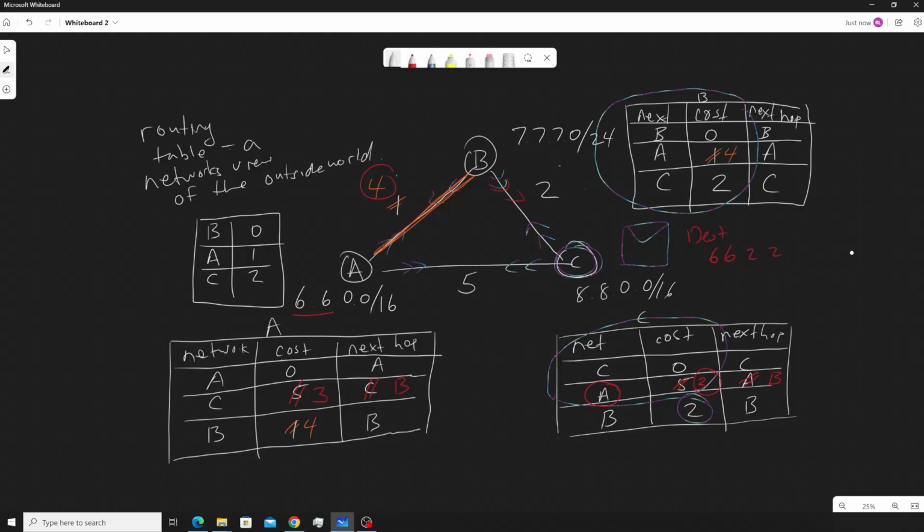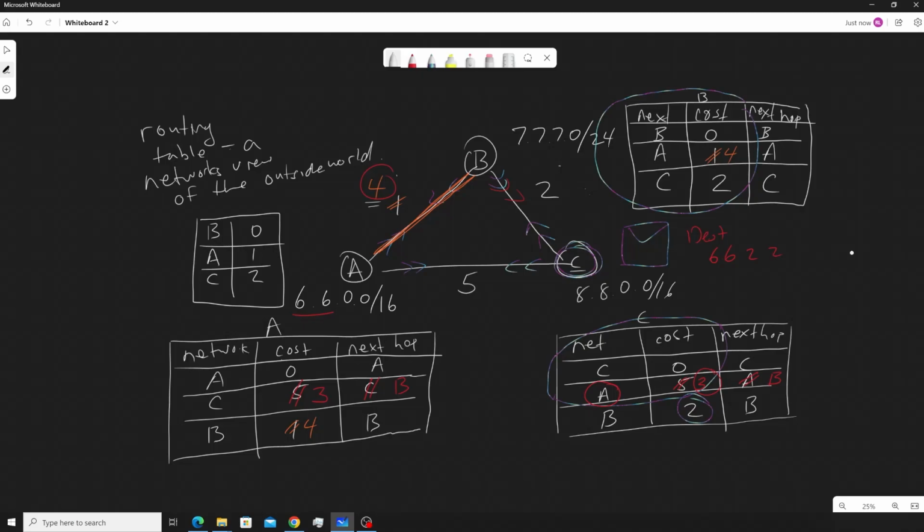So imagine that we had this edge cost go up to 4, and both A and B update their tables because they realize it, and then they advertise a distance vector that has a 4 inside of it. Now, C itself is set up such that if it receives a value that is higher than a value that it already has, then it's just going to ignore it.